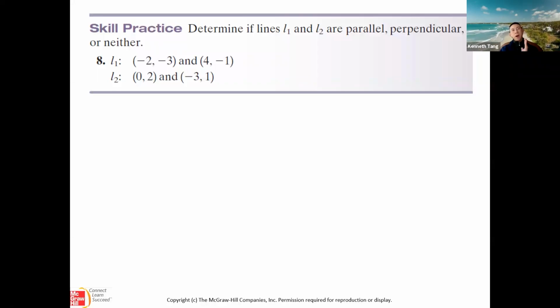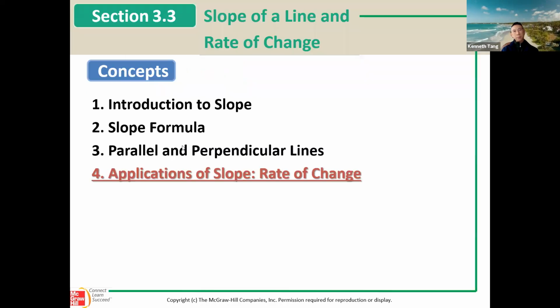When it's the opposite and reciprocal of the first slope, then you know it's going to be perpendicular. If none of the above, then it's neither. You can pause the video, try to solve it, and tell me if the lines are parallel, perpendicular, or neither.